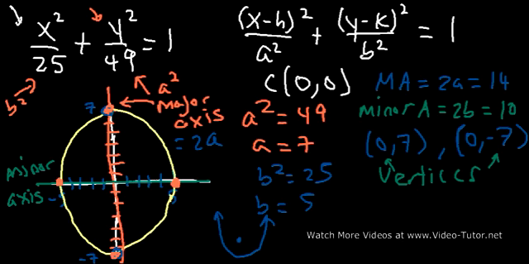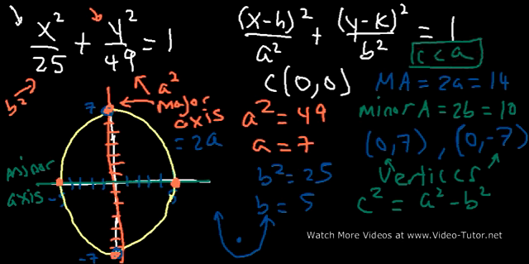To find it, you need to use this equation: C squared is equal to A squared, not plus, but minus B squared. For a hyperbola, it's A squared plus B squared, kind of like the Pythagorean theorem, but for an ellipse, it's A squared minus B squared, because C is less than A, and I'll explain why shortly.